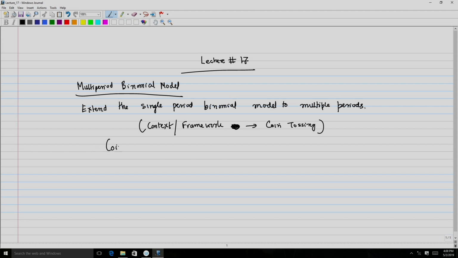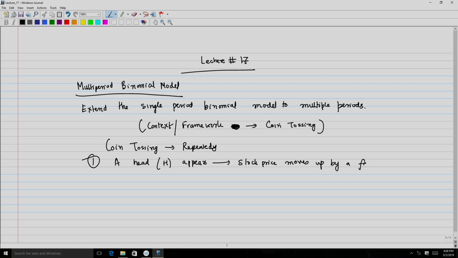And so, here we do the coin tossing repeatedly, and it results in two possible outcomes, namely a head appears, in which case the assumption is that the stock price moves up by a factor.